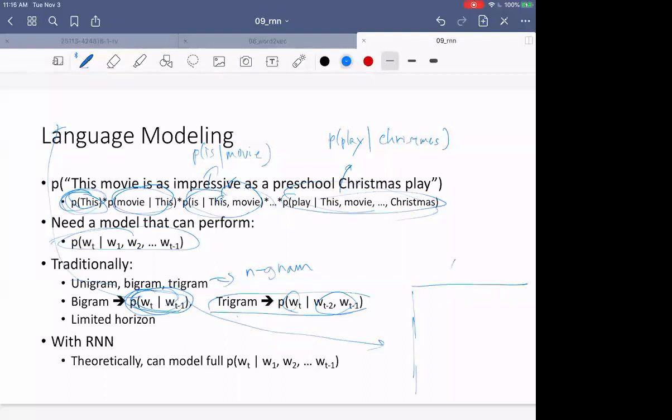So this is 100,000 dimensional, and this is 100,000 dimensional. This is P of A given A, and moving on to somewhere like P of movie given A, something like this.